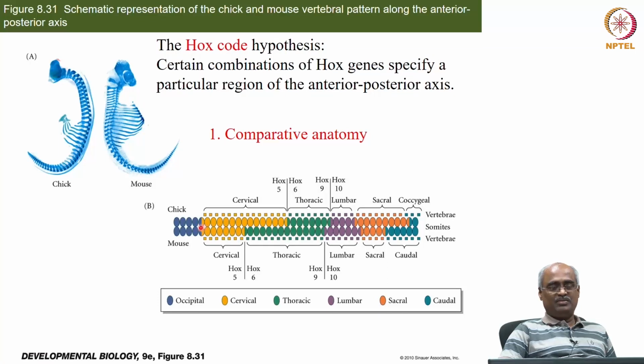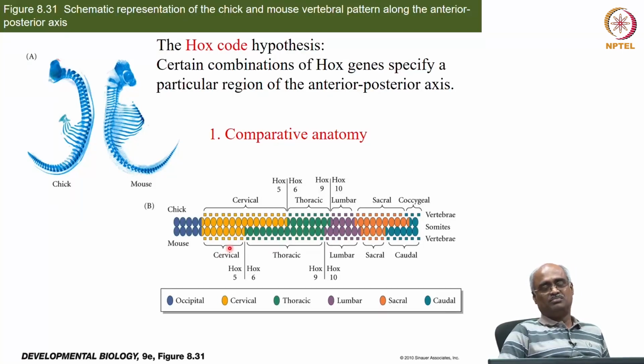You need to remember here the total length remains the same, the number of vertebrae are the same. It is just that either you have a situation where the cervical vertebrae are converted into thoracic, or the other way, depending on which one is your starting reference, whether it is mouse or chick. So this supports the idea that which Hox gene is expressed determines what kind of vertebra is going to form.